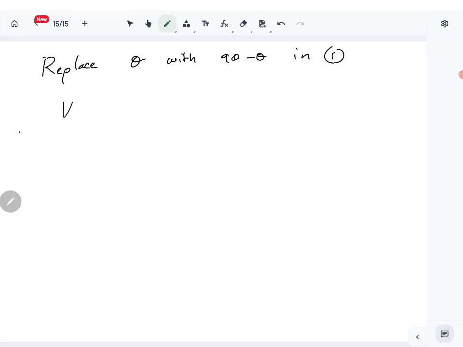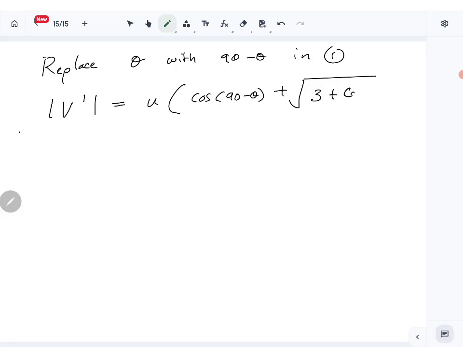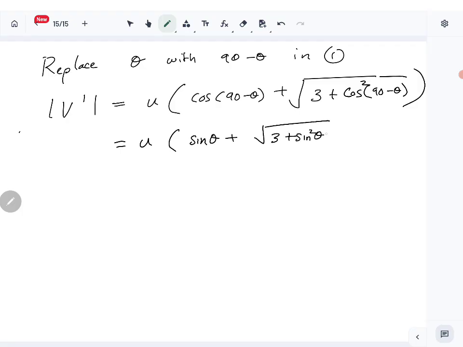Then you get V1, the velocity magnitude. So U is outside, cos 90 minus theta plus root 3 plus cos square 90 minus theta. So that will give you U sin theta plus square root of 3 plus sine square theta. So that is the magnitude of the velocity along BC.